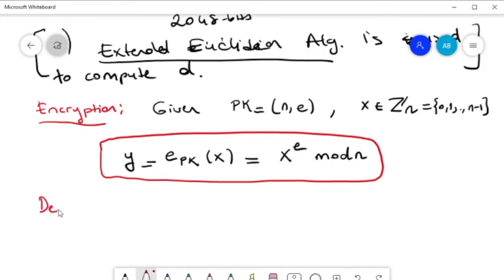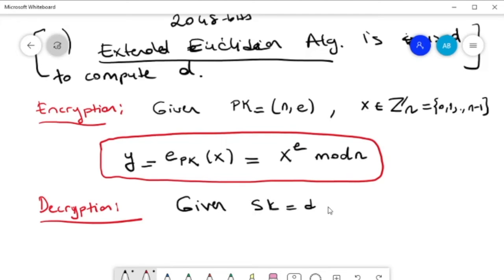And decryption. In order to decrypt, we are given the secret key, which is D. Of course, we are also given N, and we have the ciphertext y. In order to get the plaintext, we have a decryption function with SK.